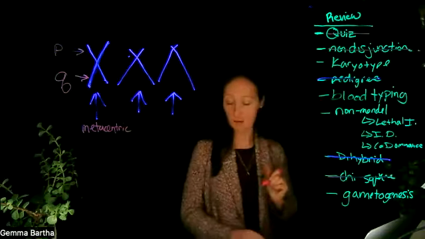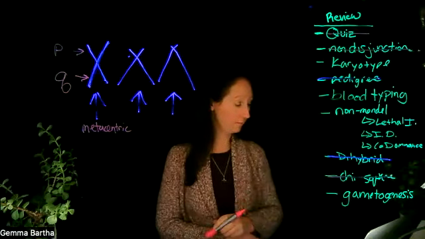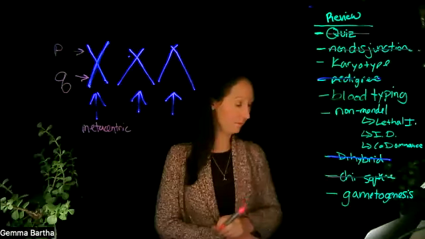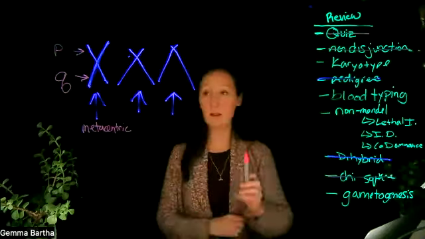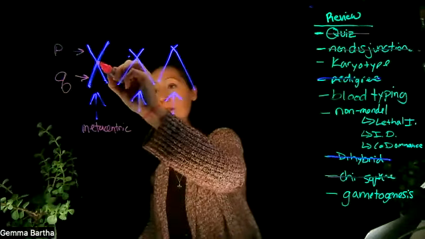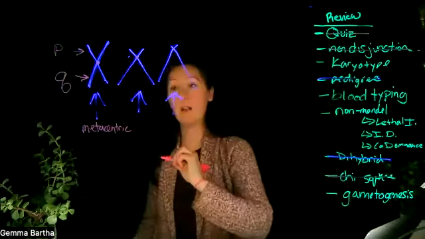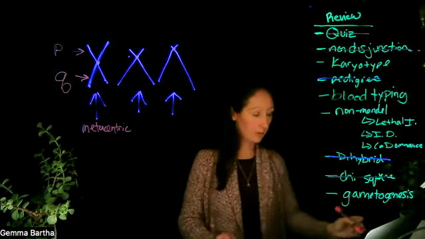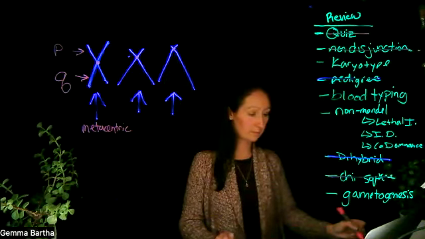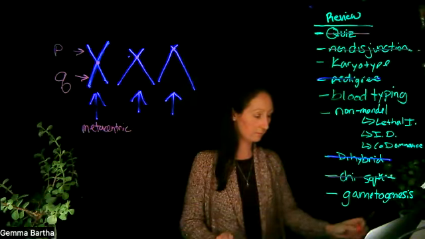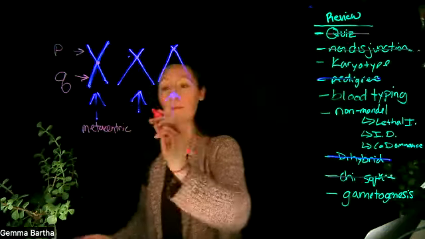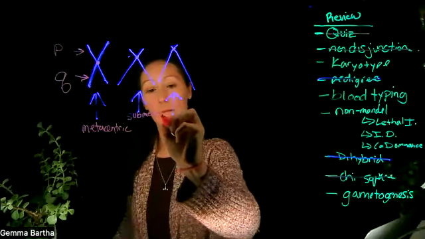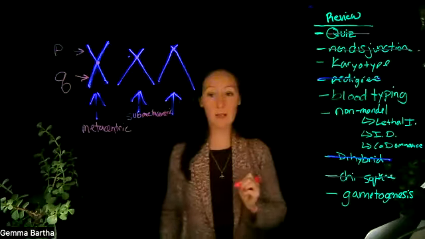Awesome. Then what comes next? So you've got, this is your centromere. Smaller P arm. Very small P arm. So what comes next? Submetacentric.